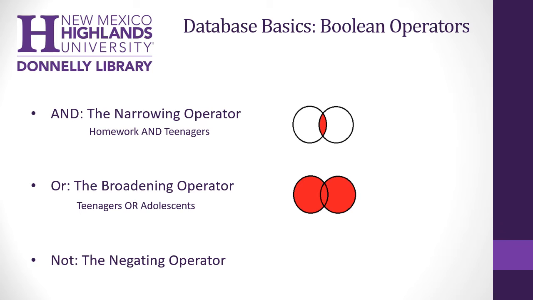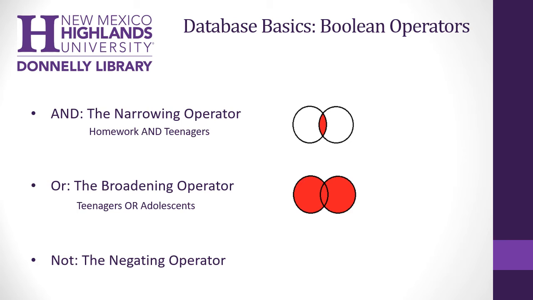Lastly, we have NOT, the negating operator. NOT lets us remove words entirely from our search. It communicates to the database that we do not want articles that contain that particular term. So to use our teenagers example again, perhaps we only want articles about teenagers and we don't want articles about children.